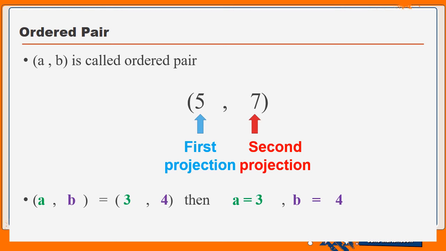If we have (a, b) equal to (3, 4), then the first projection of this point equals 3 and b equals 4. So this ordered pair is called (3, 4). So a is the first projection, b is the second projection.